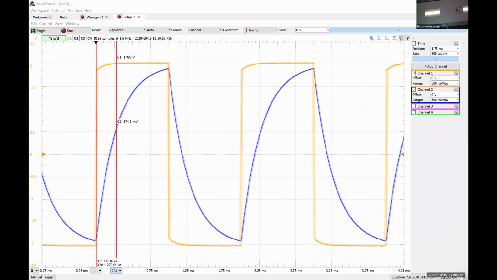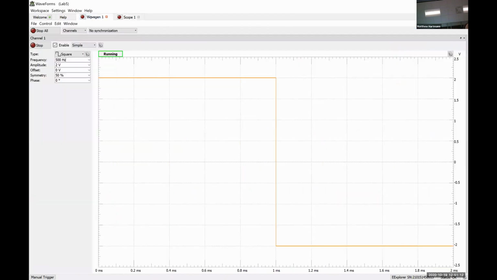So somebody describe to me what's going on here. Exactly right. We're not allowing the capacitor enough time to fully charge or discharge when we increase our frequency by a factor of 2.5. If we instead increase it to 1,000 hertz or 1 kilohertz, it would be even more pronounced, right?